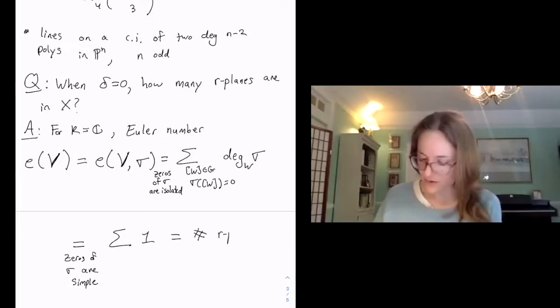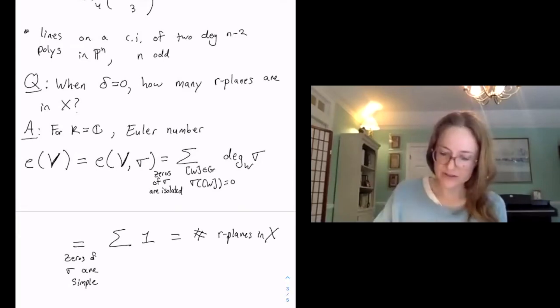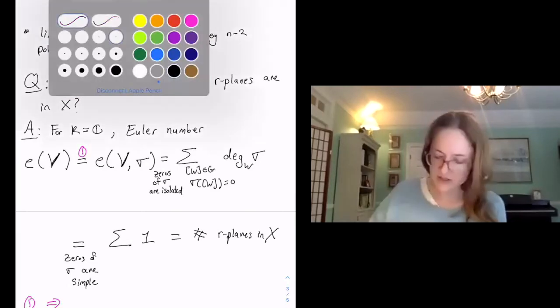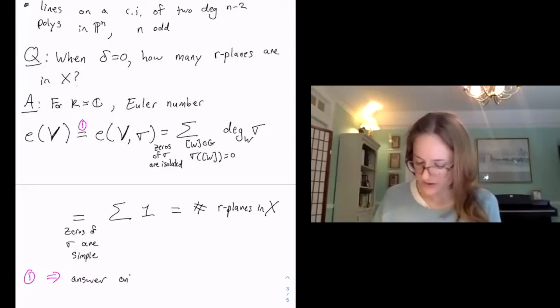So this is the number of r-planes in X. In particular, this first equality here shows that the answer doesn't depend on your polynomials. It only depends on their degrees, the d_i, as opposed to the f_i.